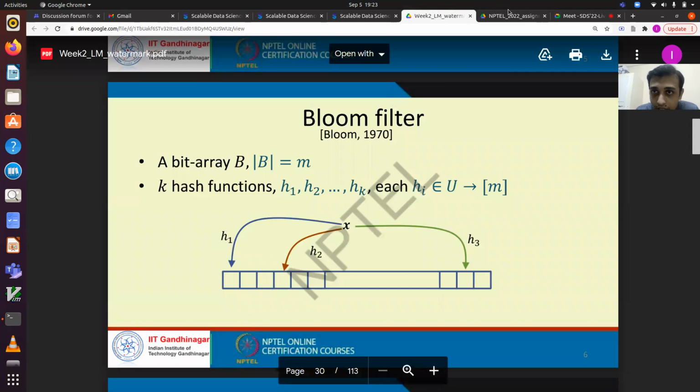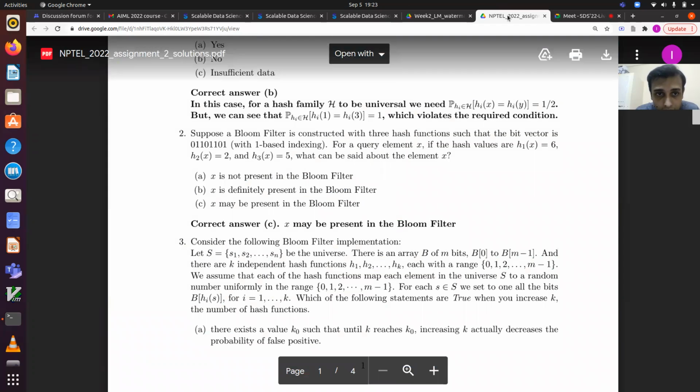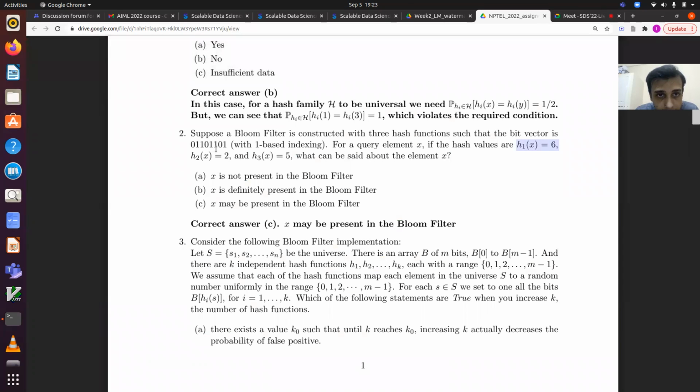And what is the value there? It's looking for occurrence or non-occurrence: occurrence is 1 and non-occurrence is 0. So at the 6th position, it's finding 1, 2, 3, 4, 5, 6, which is 1. That means there seems to be an occurrence, right? Is the logic clear? 1, 2, 3, 4, 5, 6, 7, 8.